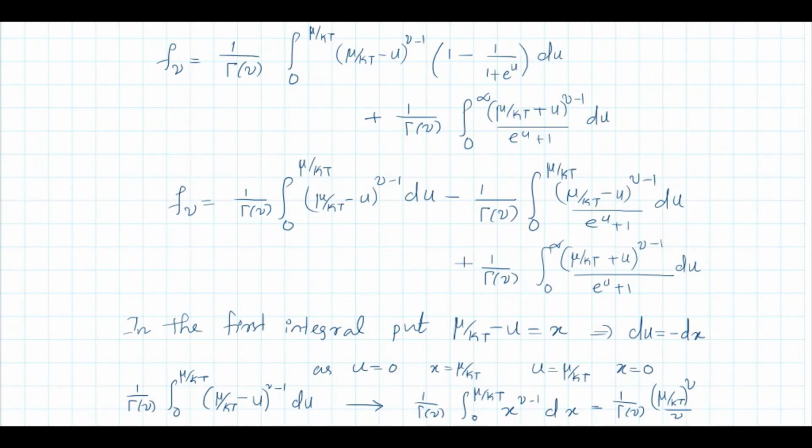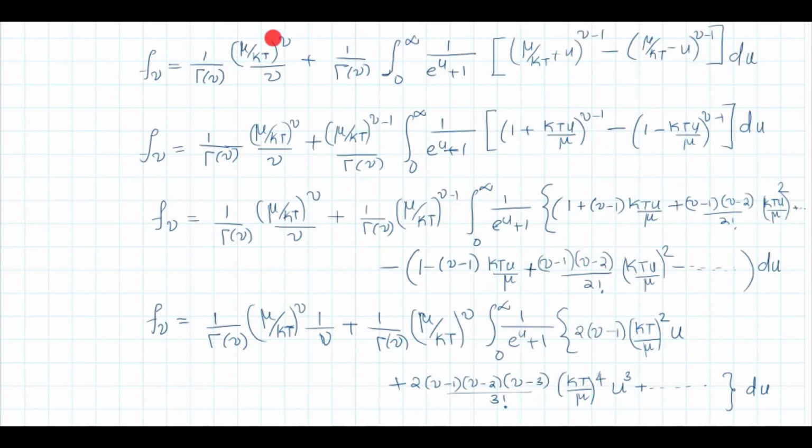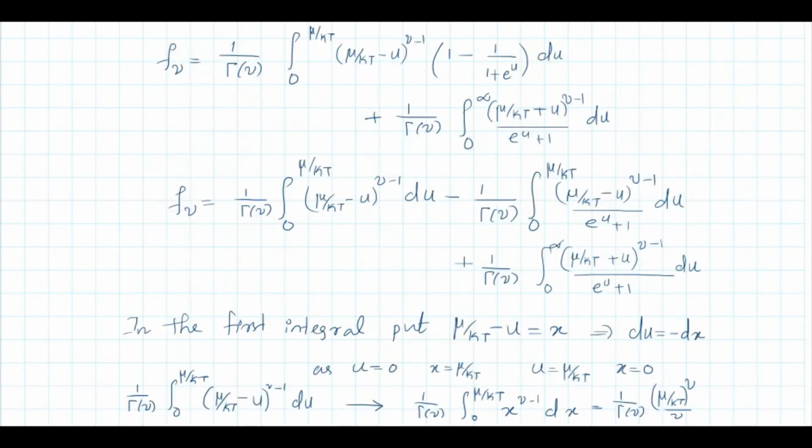So final expression is 1 by gamma of nu integral 0 to mu by kt x raised to nu minus 1 dx. X raised to nu minus 1 dx integral is x raised to nu by nu. And you put the limit, you will get mu by kt raised to nu by nu. So instead of first term, you can write that plus second term and third term 1 by gamma of nu 1 divided by e raised to u plus 1.